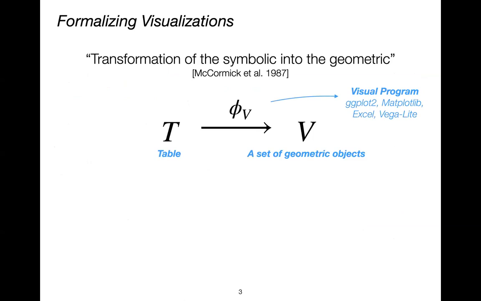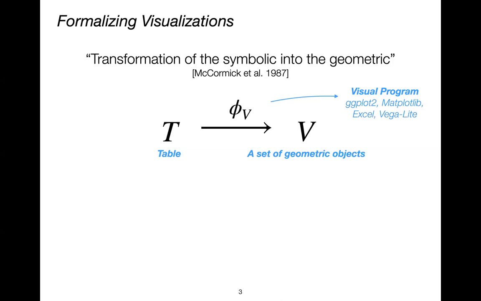So data visualization is essentially a mapping from symbolic data to a set of geometric objects. And the mapping, for example in real life, can be a visual program implemented in ggplot2, matplotlib, Excel, or anything.